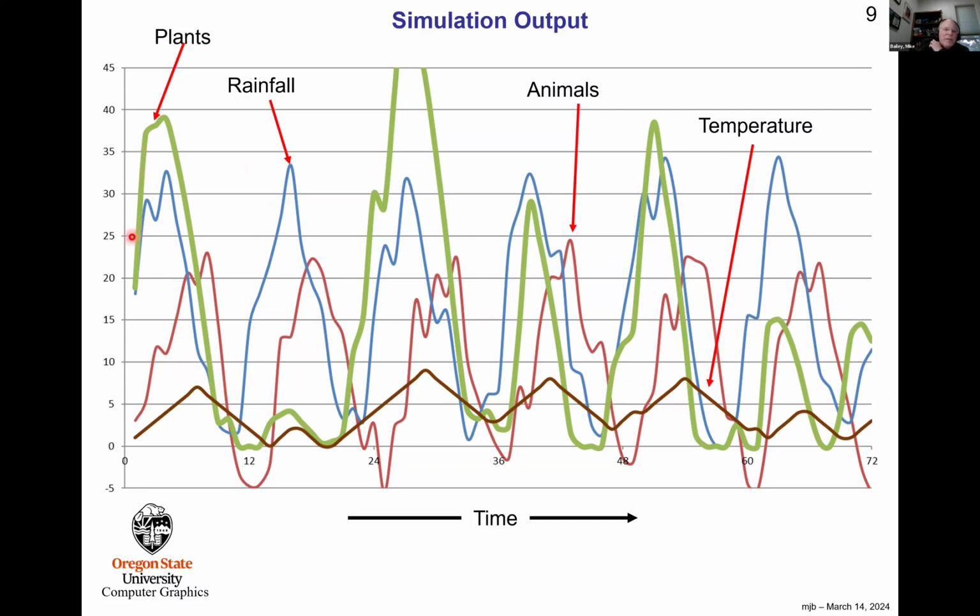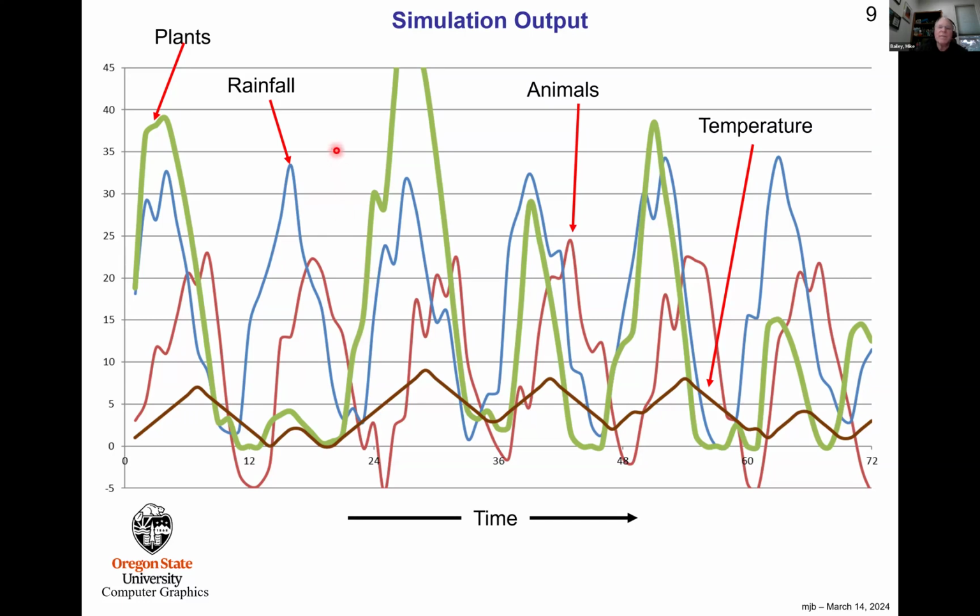When there's a whole lot of plants, well, then the animal population rises, but then the animals overeat the plants and the plant population falls. And so the animal population falls, which means the plants aren't being eaten enough. So the plants start to recover and so on.